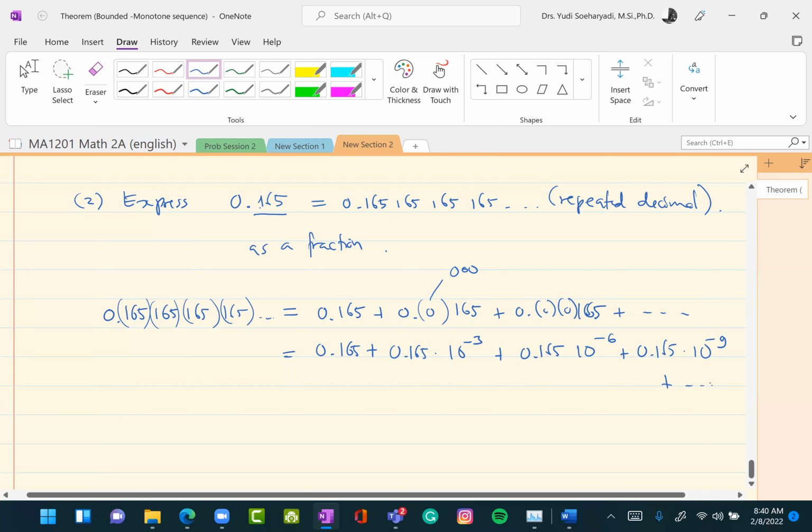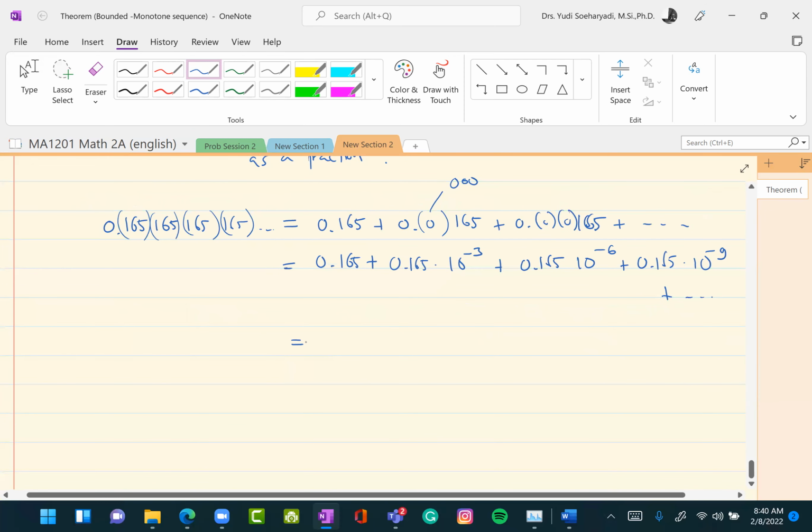Okay. So you see this has a pattern like this. This is A. Take that out, factor this out. What's left is 1 plus 10 to the negative 3, negative 6, negative 9. Okay. So this gives you R, the ratio.